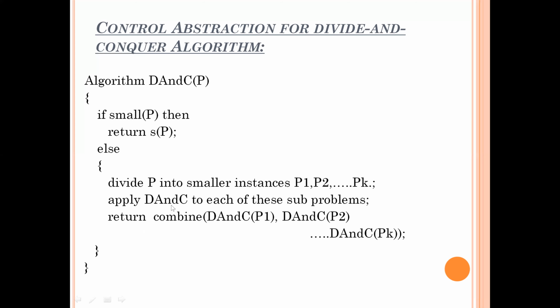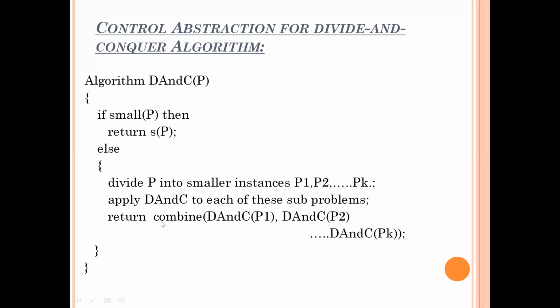With these two steps the total division process is over, and we also get the solutions to the subproblems if they are small. Finally, we have to combine the solutions of the subproblems, and then you can get the solution for the complex problem.